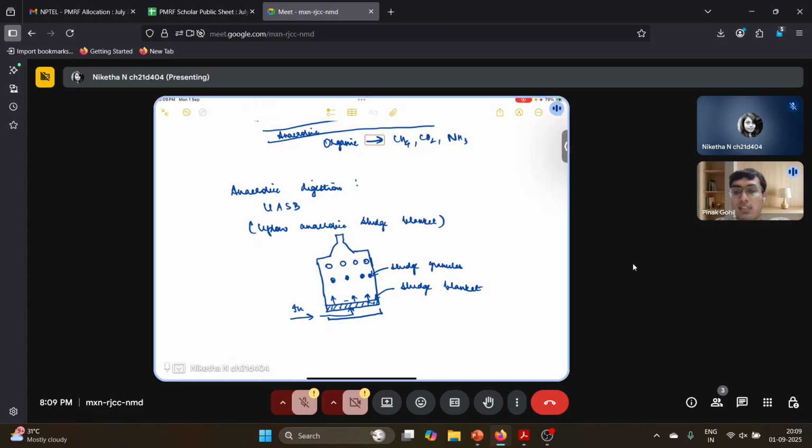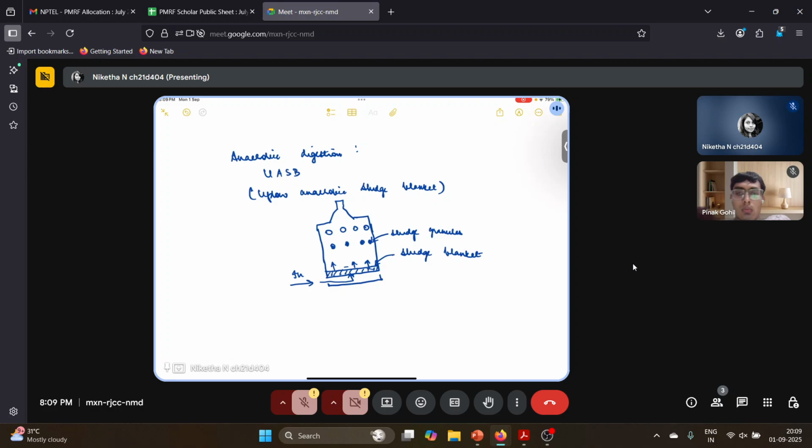Yeah. So sludge granules are formed in anaerobic conditions. It is not formed in aerobic conditions. So sometimes in anaerobic conditions, the water in the wastewater that is coming for treatment, since we are not giving any kind of pre-treatment, it is just raw sewage which is treated here.